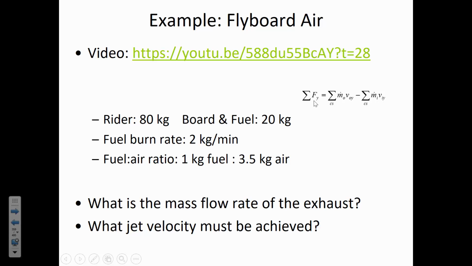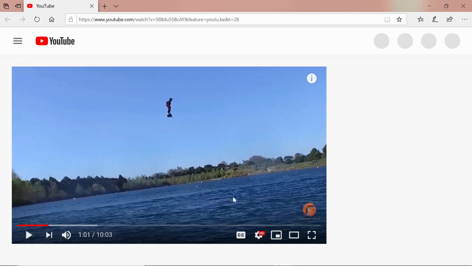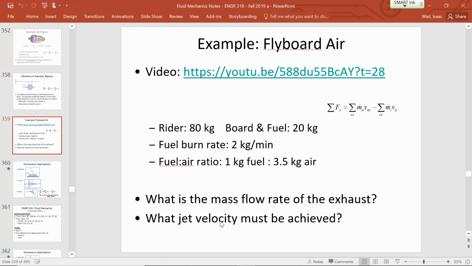And so calculate what velocity has to be achieved out of the jet, with this assumed fuel burn rate, to support the rider and the board plus fuel to generate enough force for level flight. Is there a question? We're just assuming there's one jet. Yeah, okay, that's right.